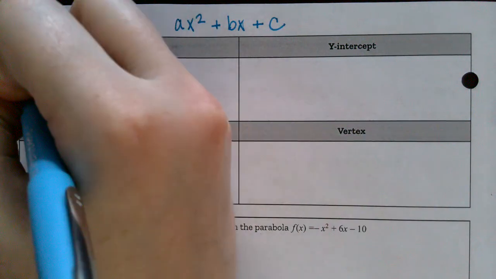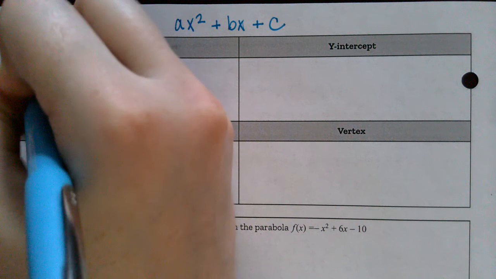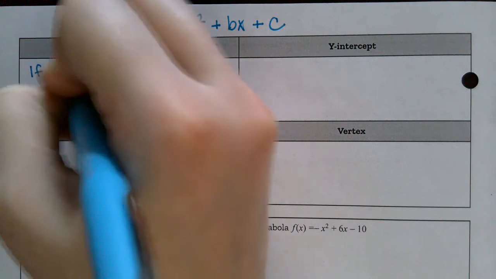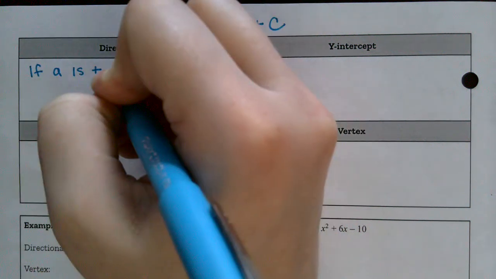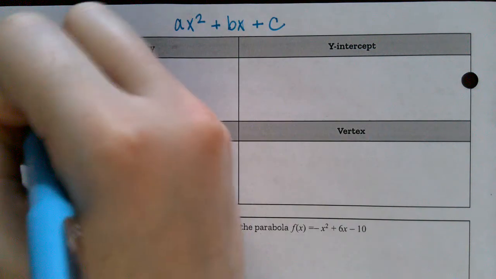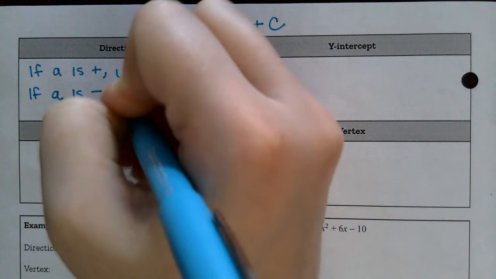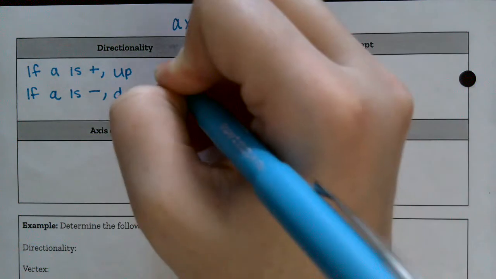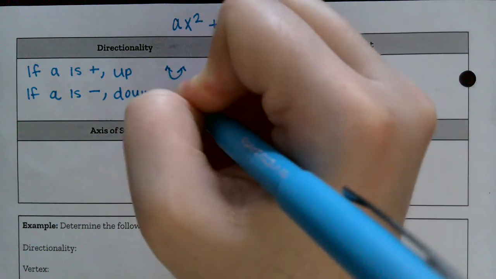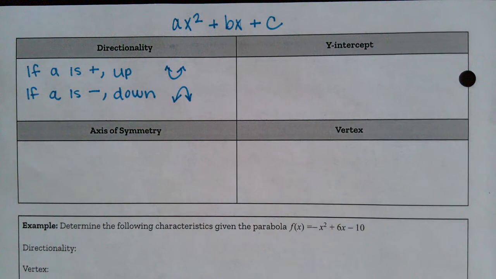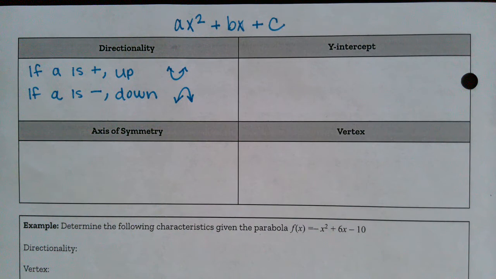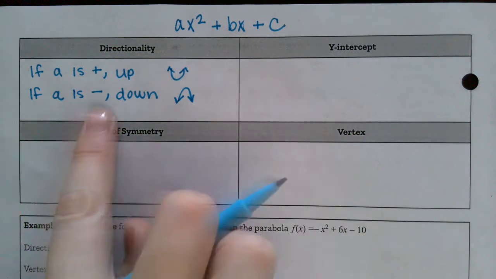So our directionality is based on A, and if A is positive, the directionality is up. If A is negative, it's down. Okay, so if our A value is positive, up, A value is negative, down.